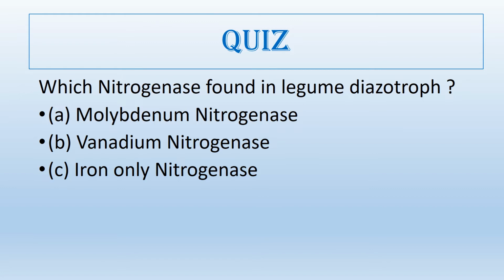That is the question. If you know the answer, you can write it in the comment section. But if you don't know, I will be discussing it at the end of the video. So stay with me till the end of the video.